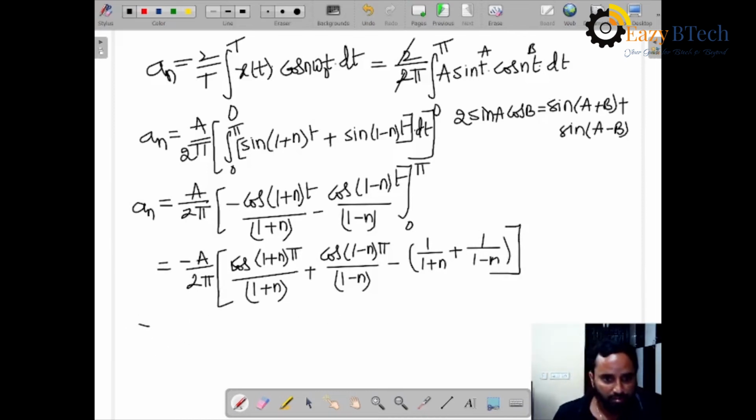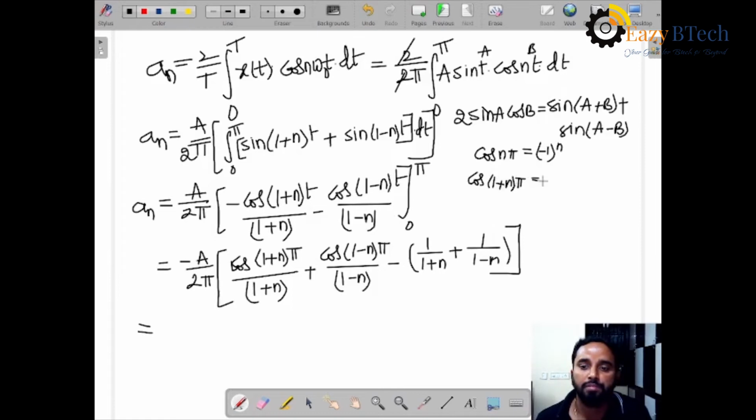Now what is the value of cos((1 plus n)pi)? We know cos n pi is (minus 1) power n. So cos((1 plus n)pi) becomes (minus 1) power (1 plus n).